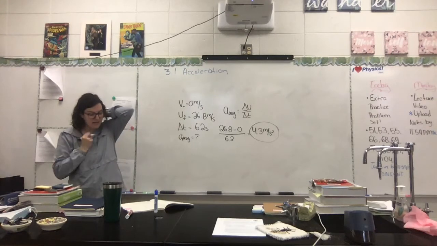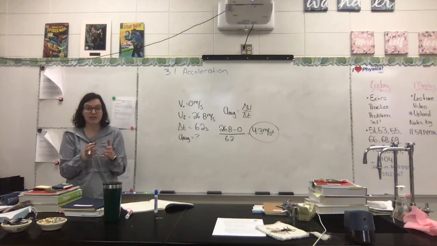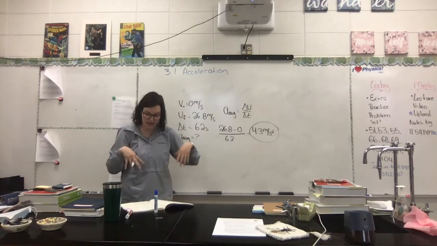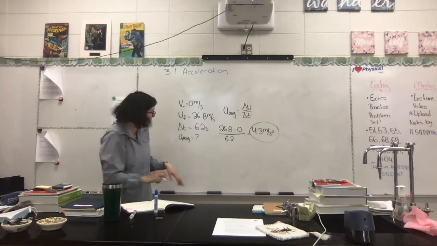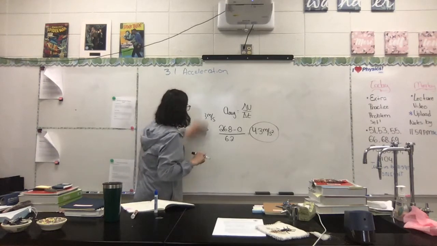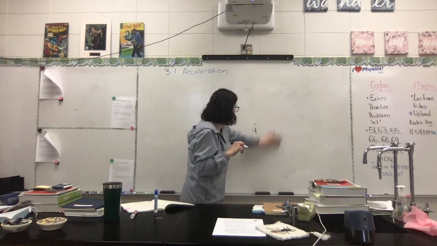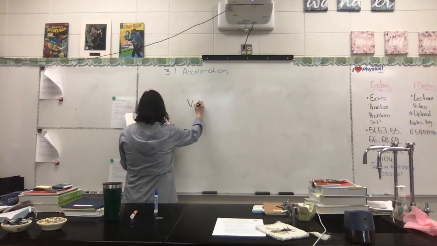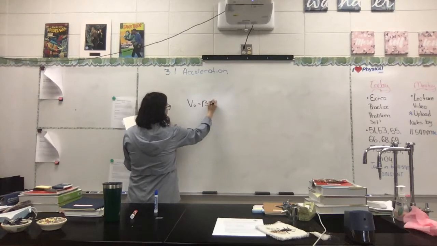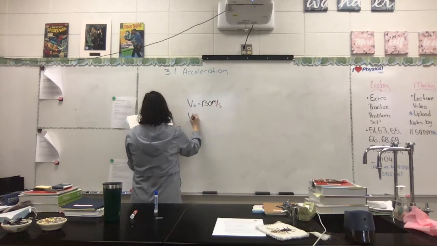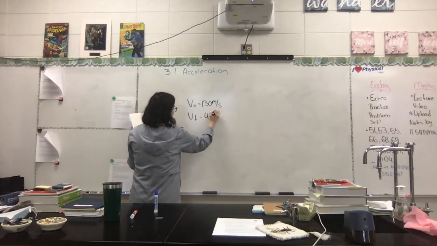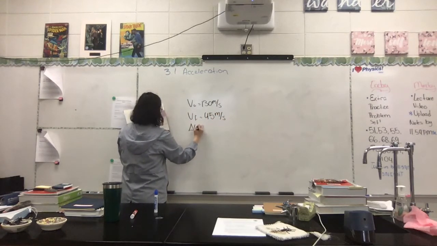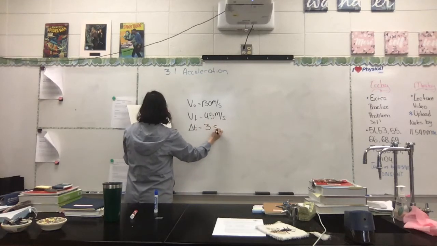So now let's look at another example. We have a drag racer and he's gonna deploy a parachute. So he's gonna get so far, then he deploys a parachute to try and slow him down some. He's going to slow down from his initial velocity of 130 meters per second to a final velocity of 45 meters per second, and it's only going to take him a total time of 3 seconds to get there.